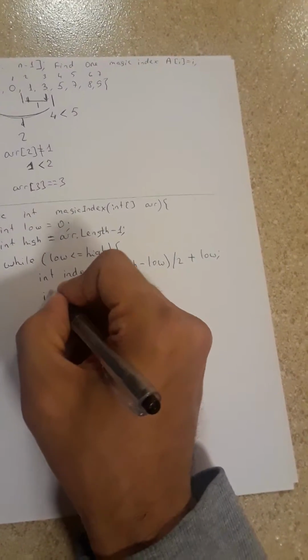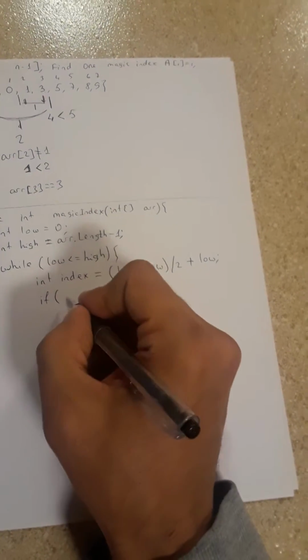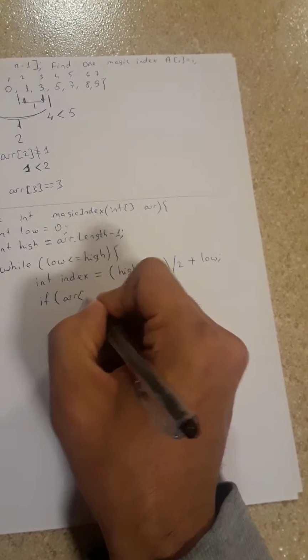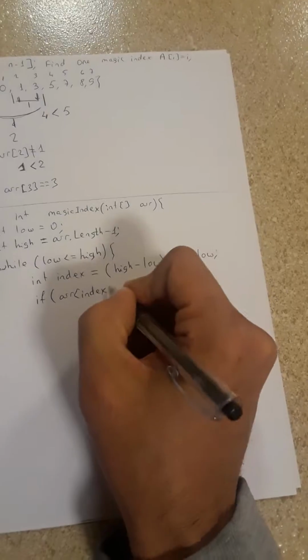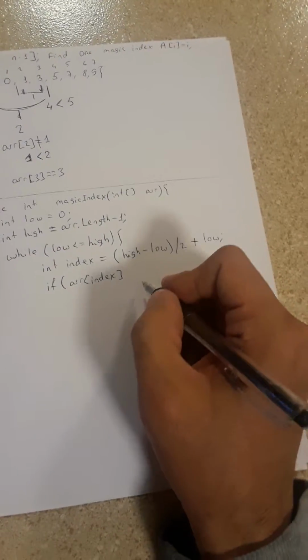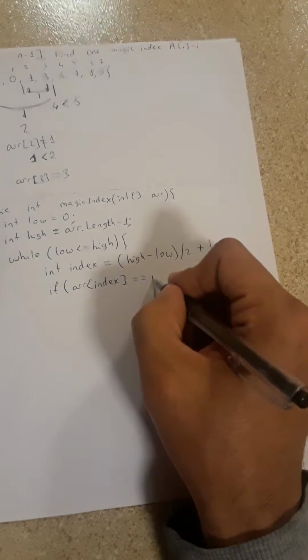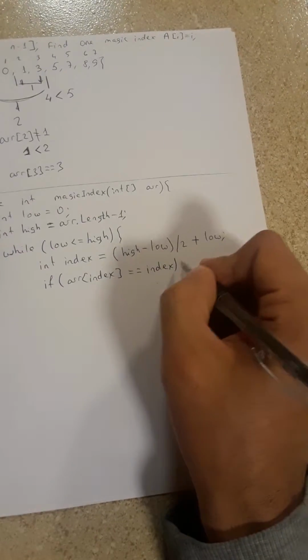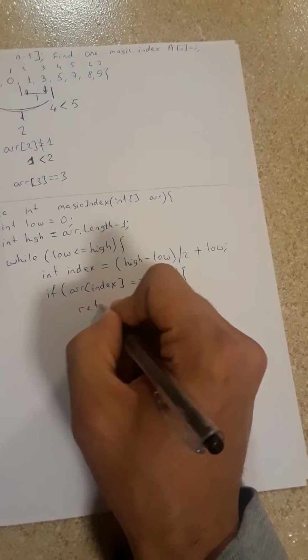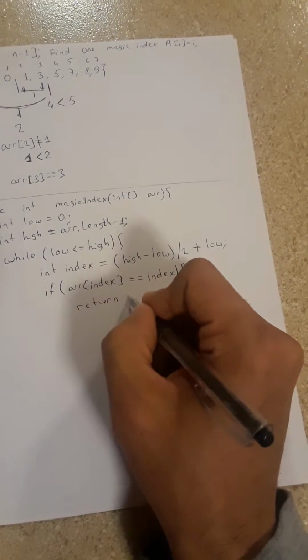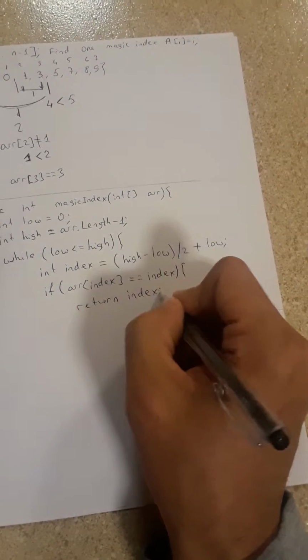Here we will say that if our element at the particular index is equal to the index value itself, we'll just return the index value.